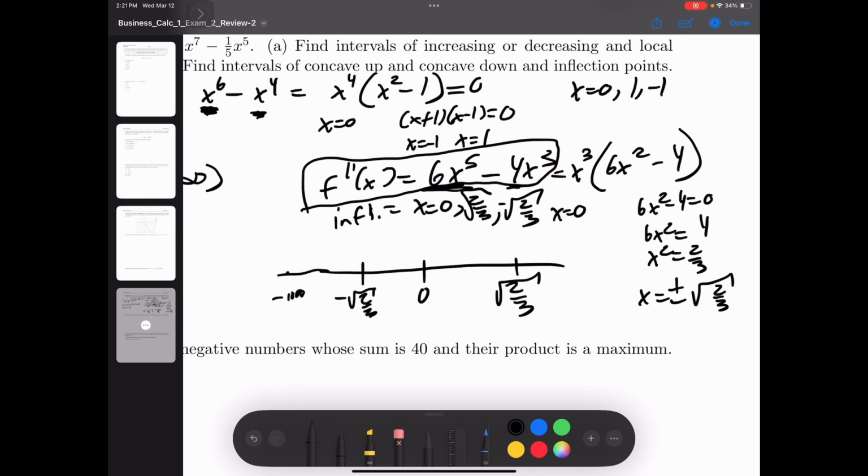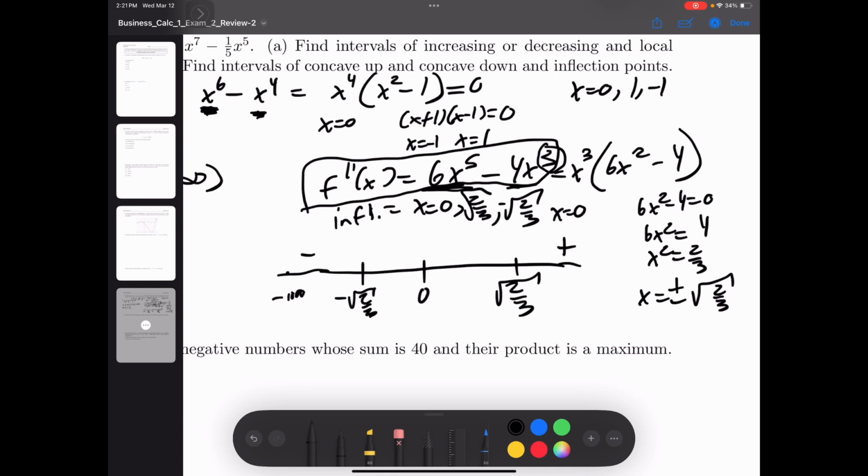And it's going to dominate this other number because we have a lower power. And so this is going to be concave down. Now on the other side, we could look at something really, really big as the thing above the square root of 2/3. If I look at something really, really big, like 100 or 1,000, I have a really positive number. So I'm going to be concave up on the right side.